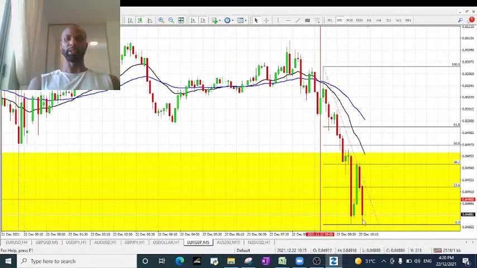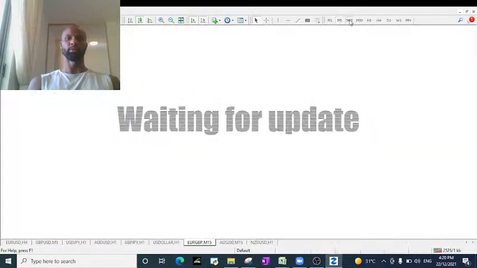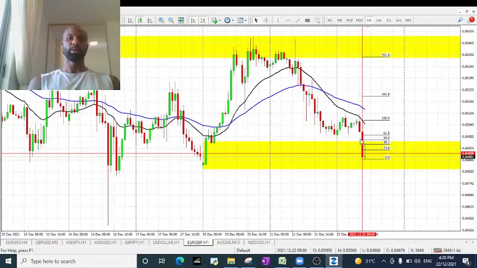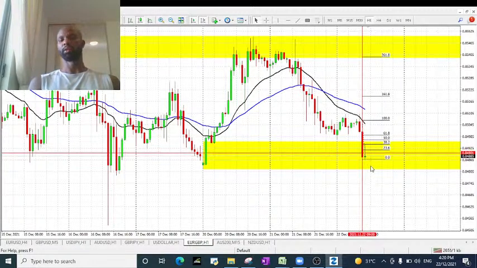Euro pound target hit. Of course, I didn't take this trade because we are at a support, but it was a good strong push down, get a retracement.